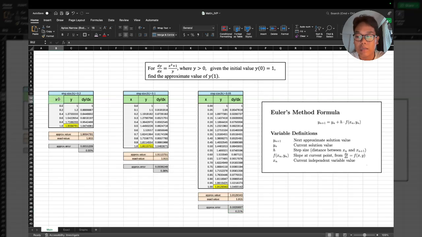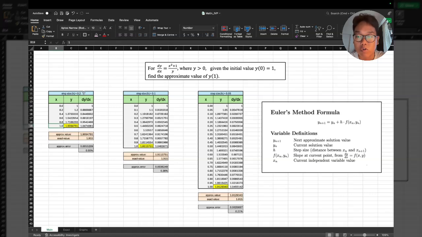As you can see, there are three columns, for x, y, and dy/dx. When x equals 0, y equals 1, and dy/dx is the given ODE here, x squared plus 1 over y, where cells B14 and C14 are x and y respectively. Given the IVP, we need to solve for y when x equals 1.